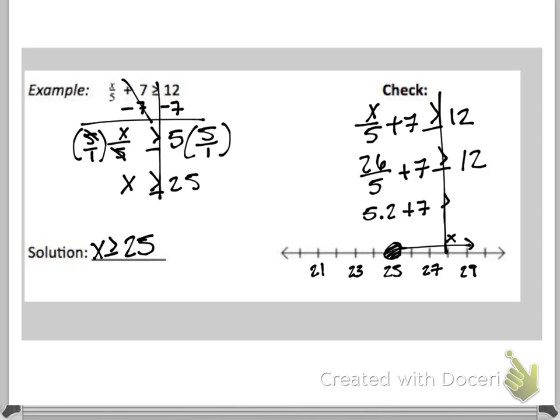Plus 7 is greater than or equal to 12. And 5.2 plus 7 is going to be 12.2. 12.2 is greater than or equal to 12, so it checks. We got it correct.